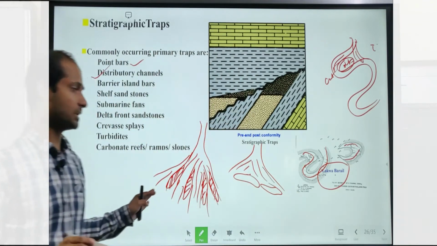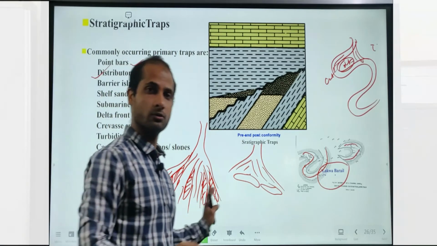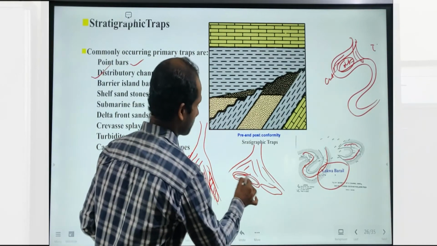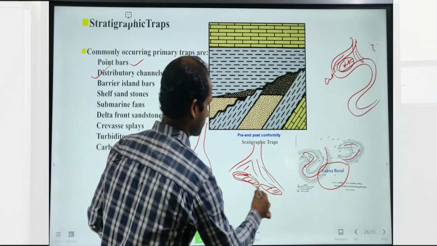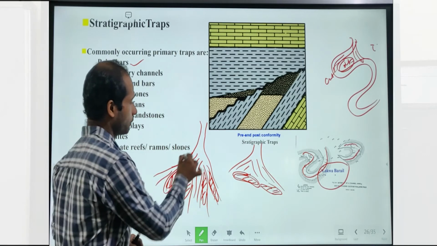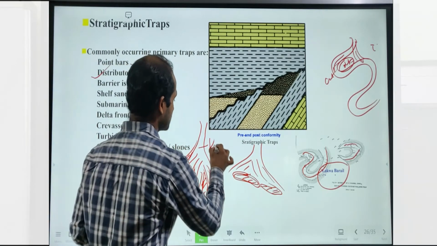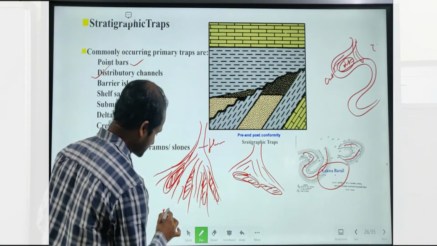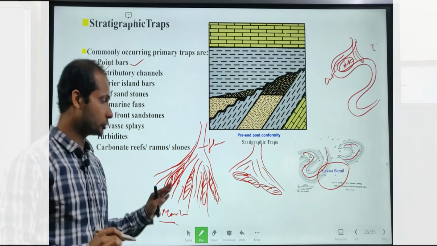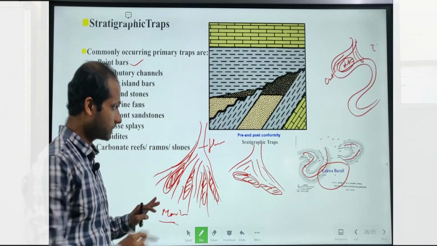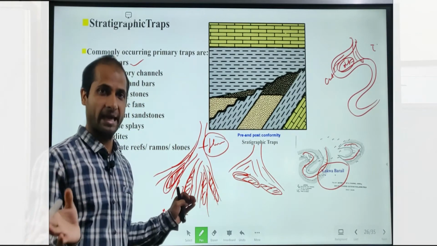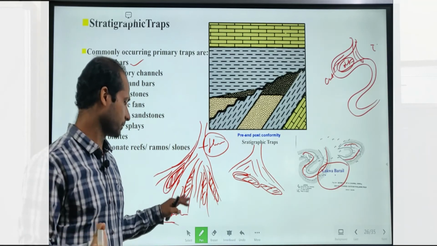So can anybody tell what are the conditions where you will find a longitudinal bar or a transverse bar? In general, we find longitudinal bars where the fluvial system is dominant, such as our Ganges system in the Ganga Brahmaputra delta.